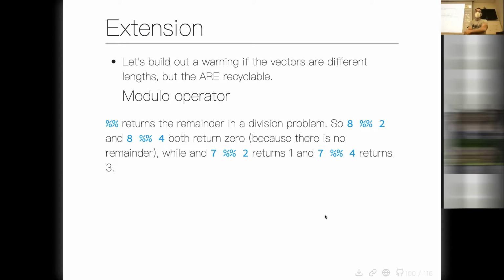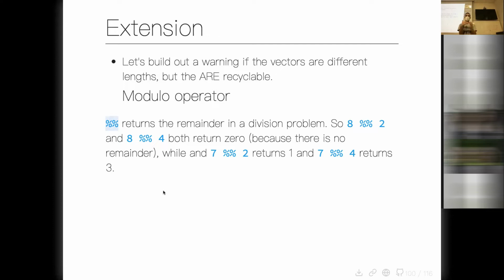Okay, so one way to do this recyclable check is to use what's called the modulo operator. This is a common thing within all programming languages, I think, or most of them anyway. In R, it is designated by %%, and that stands in for basically divide.